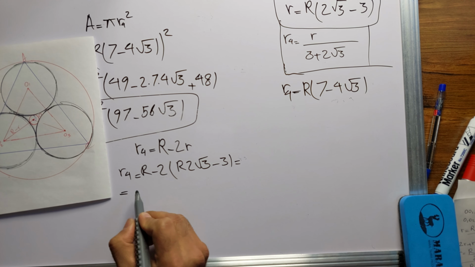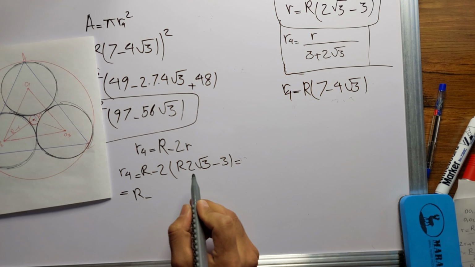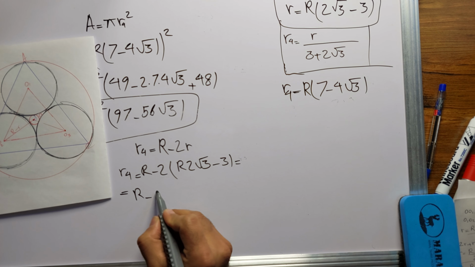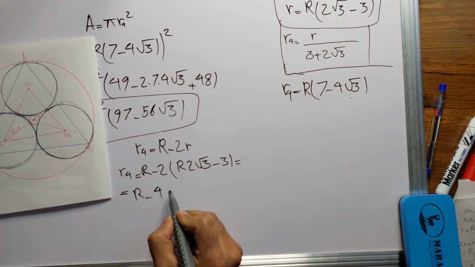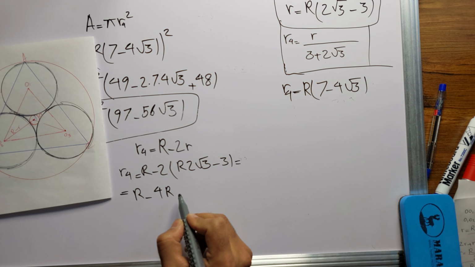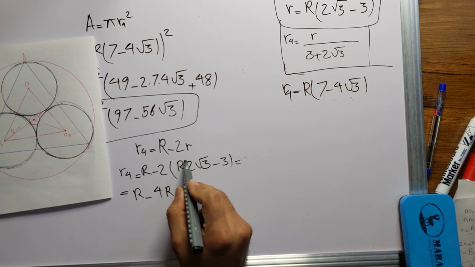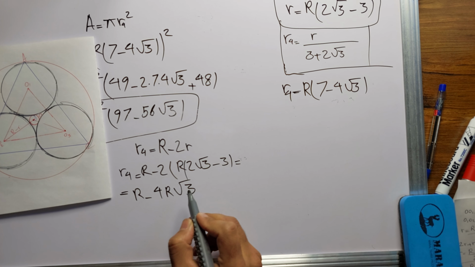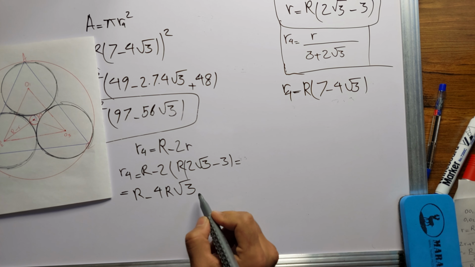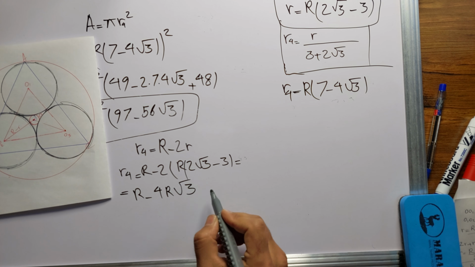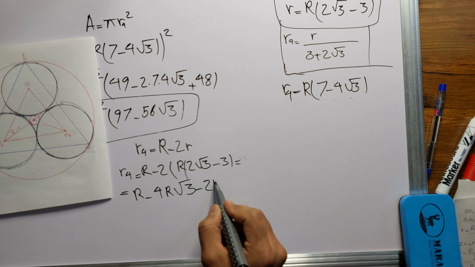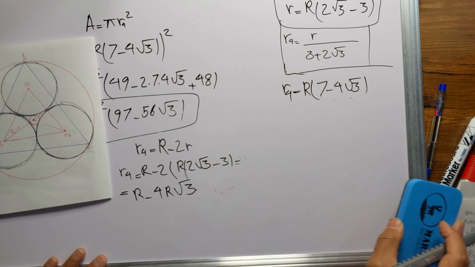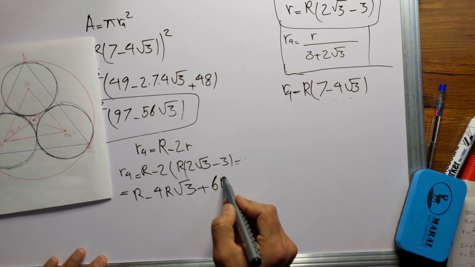R sub 4 equals R minus 4r square root of 3, and another term is minus 2r times minus 3, which is plus 6r.